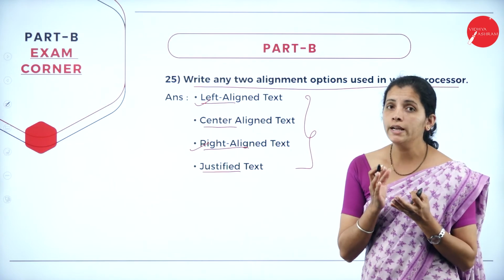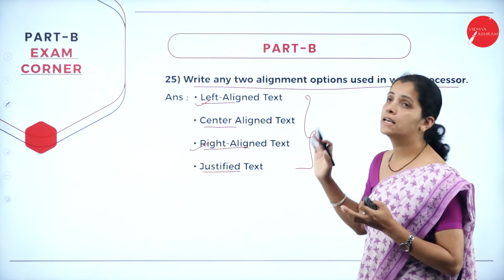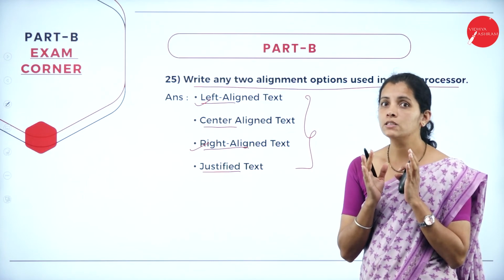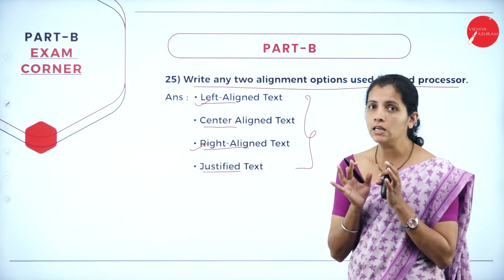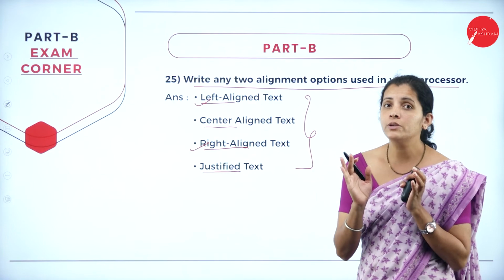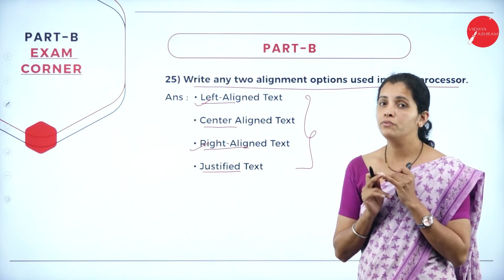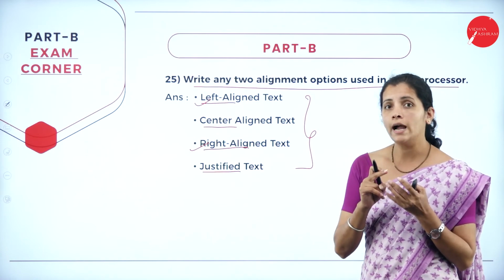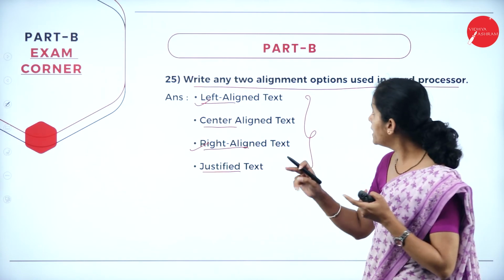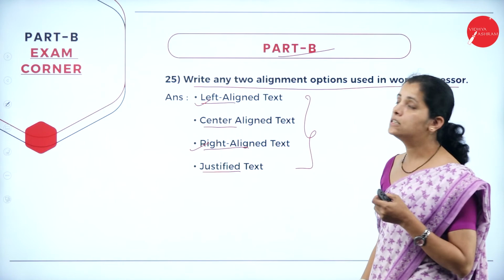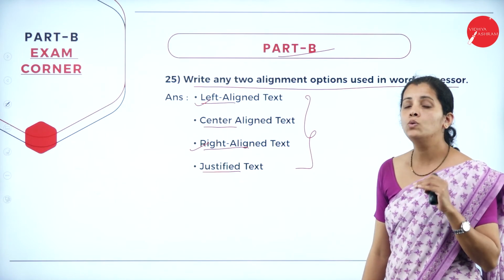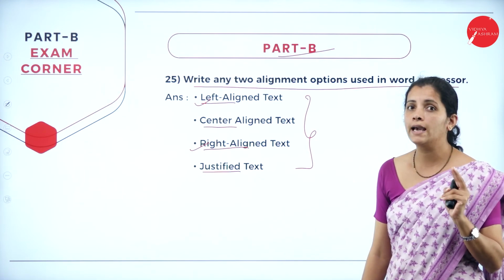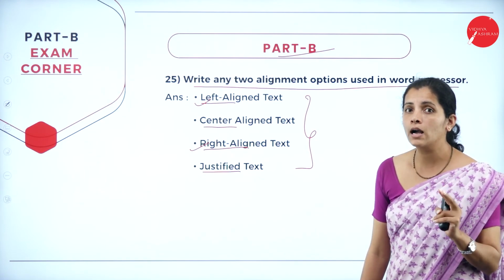So dear student, in my today's session, I started with part B. If I consider the computer science question paper pattern, the complete question paper is divided into four sections, that is part A, part B, part C and part D. In today's session, I discussed part B and how to answer part B questions, because it carries only 2 marks.